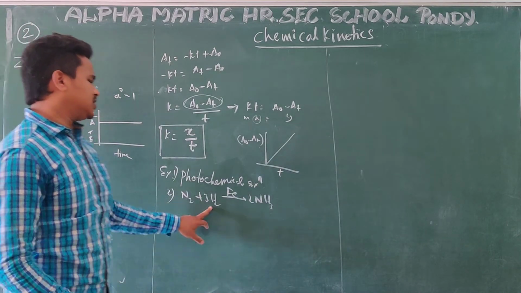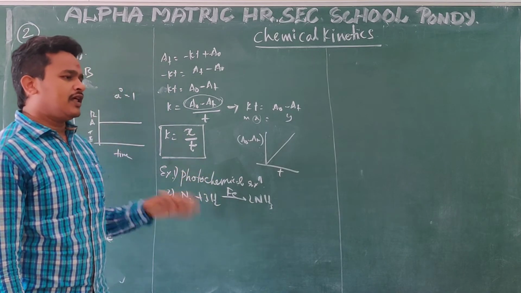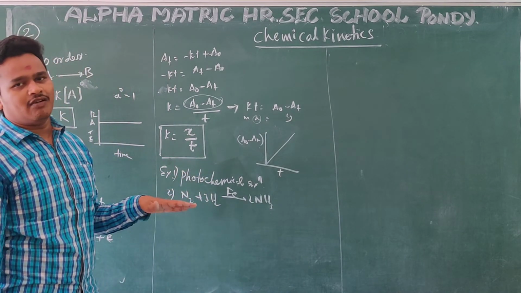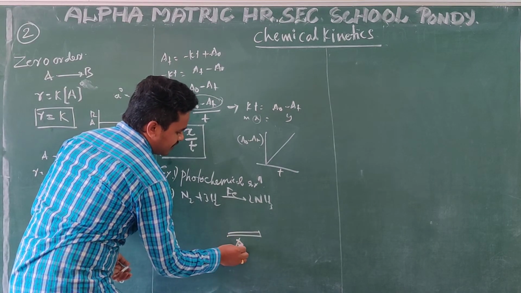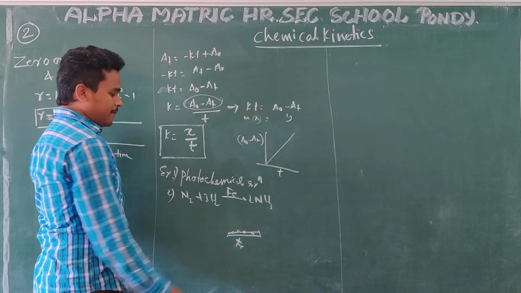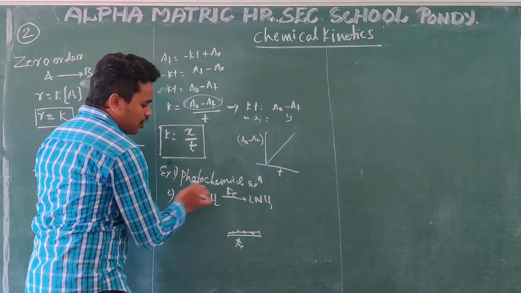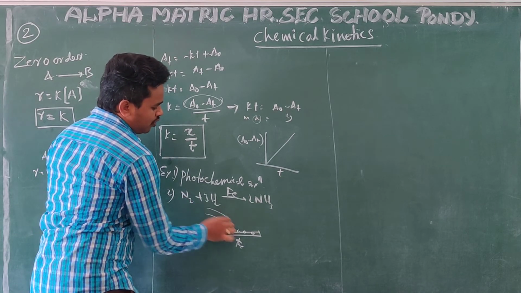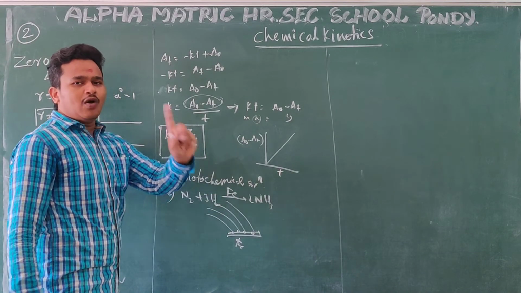Other example is N2 plus 3H2 gives 2NH3. It is a zero order reaction. Time being, the rate will be constant. Why will the rate be constant? When you are taking catalyst Fe, there are a fixed number of active sites on Fe. Fixed number of active sites means it can allow only 4 molecules of reactant at one time.